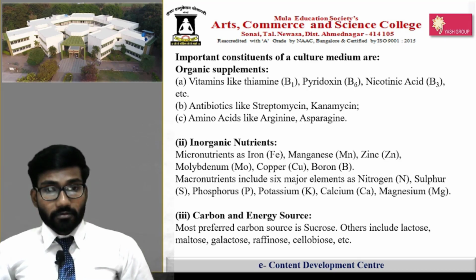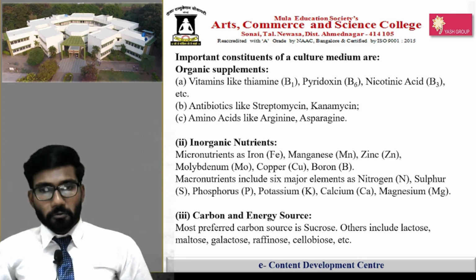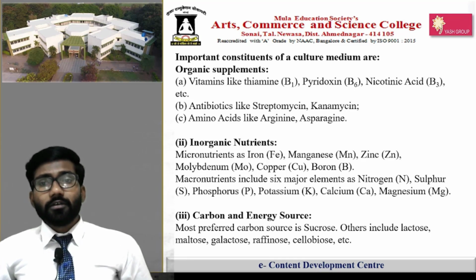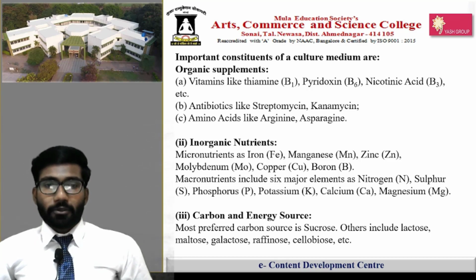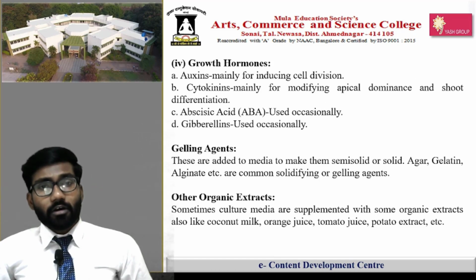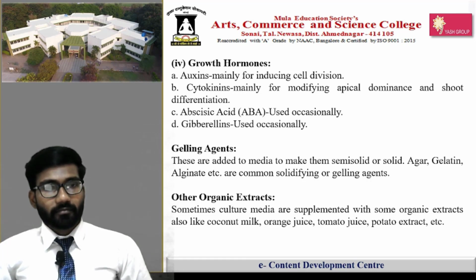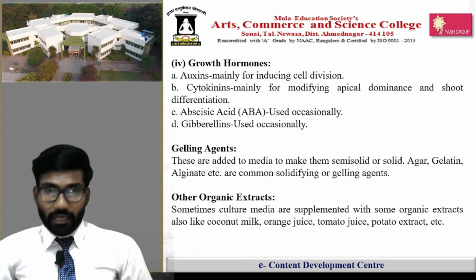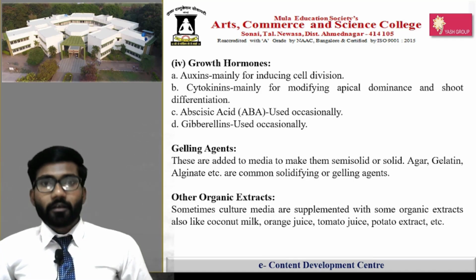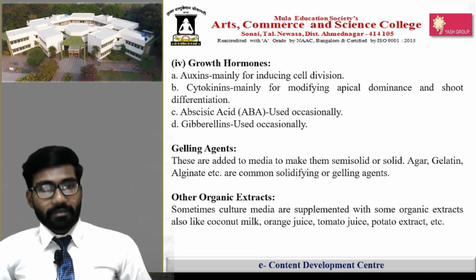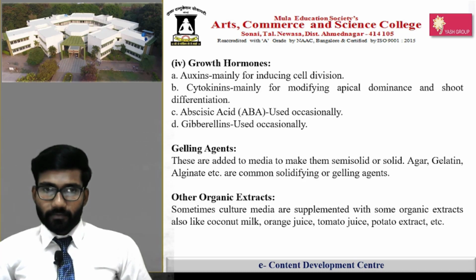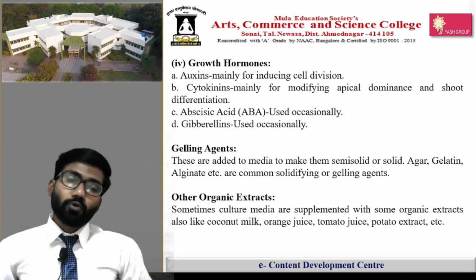Carbon and energy source: the most preferred carbon source is sucrose. Others include lactose, maltose, galactose, raffinose, cellulose. Some growth hormones are there, like auxin, mainly for inducing cell division; cytokinin, mainly for modifying apical dominance and shoot differentiation; abscisic acid, ABA, used occasionally; and gibberellic acid, also called gibberellins, used occasionally, mainly for internodal growth.